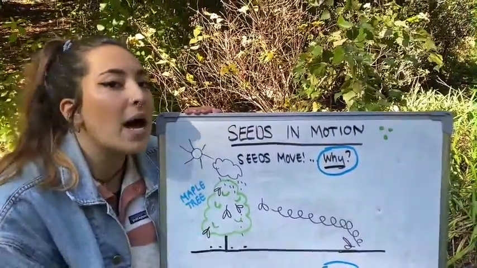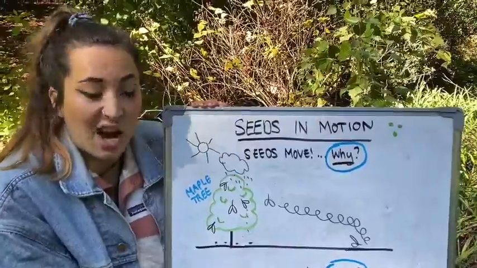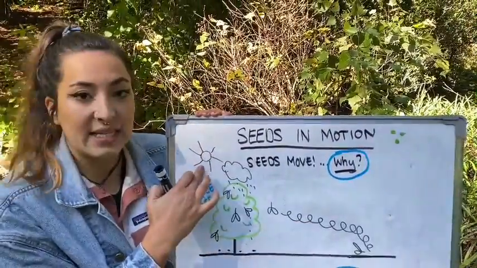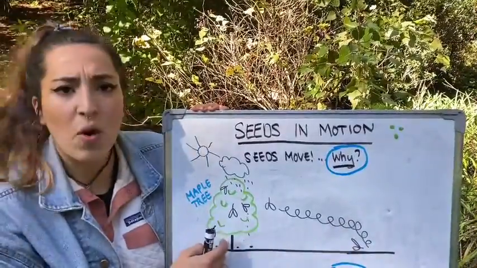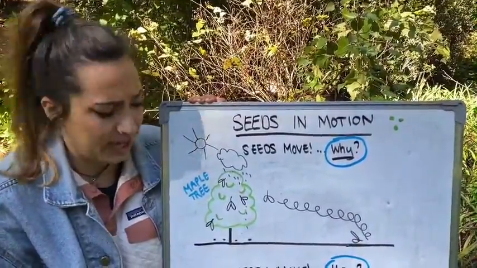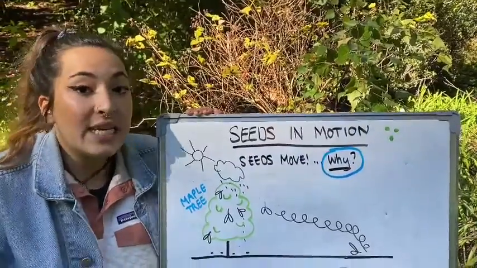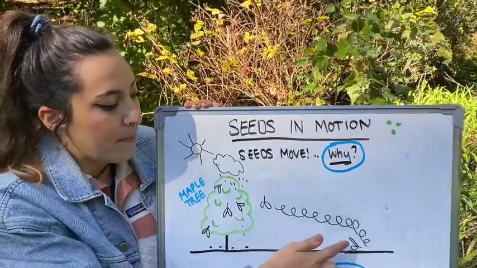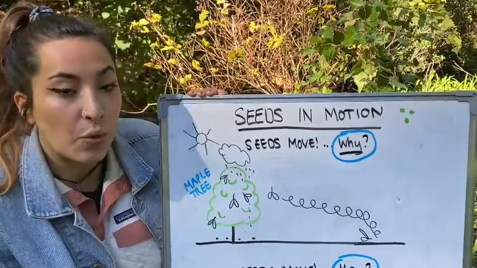This is a much better place for this tiny little seed to get its start. It has all of the access to sunshine and water over here, way more than it did hiding underneath this giant maple parent tree over here. So seeds move around to have the best chance possible of growing into a nice giant adult.